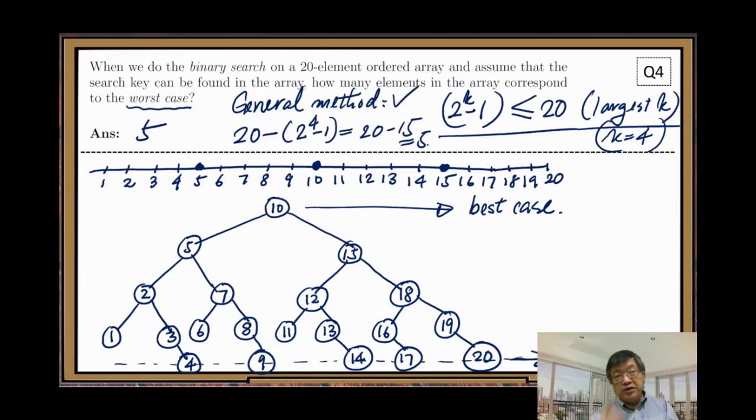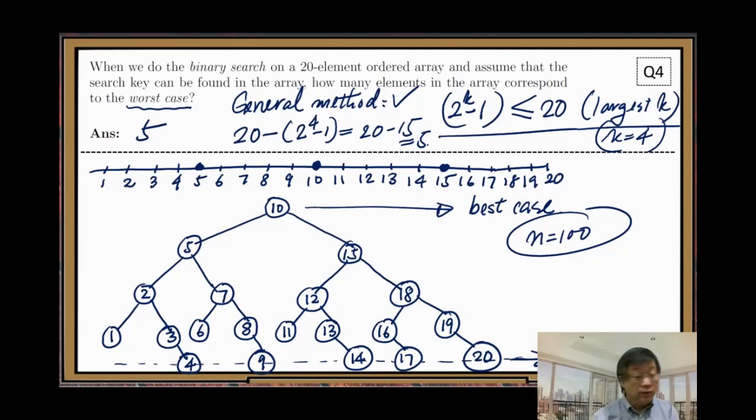If you use the general method, let's calculate another question, n equals 100. Nobody can draw a binary tree with 100 nodes; it's too much tedious work, and we don't want to do that. Let's find the largest k such that 2 to the k minus 1 is less than or equal to 100. That is k equals 6, because 64 minus 1 is 63.